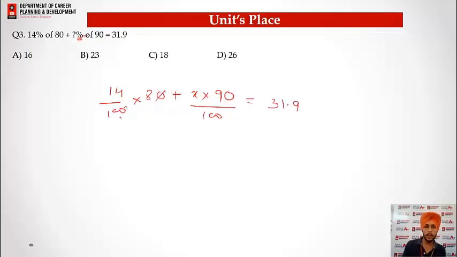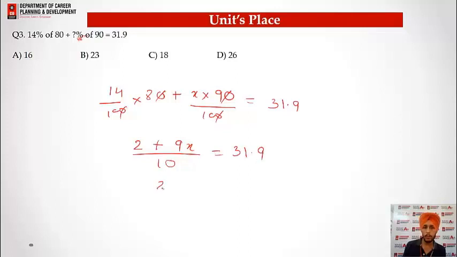So 10 will be cancelled out over here, and 10 will be cancelled out over here. So the unit place will be multiplication. 4 into 8 is 32. We will write it as 2 only, plus 9x upon 10. I have taken the LCM.